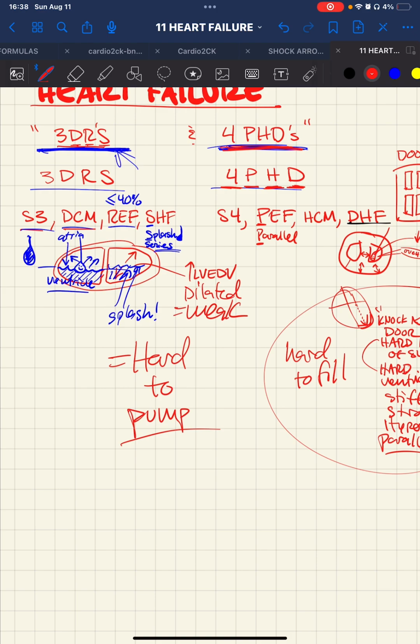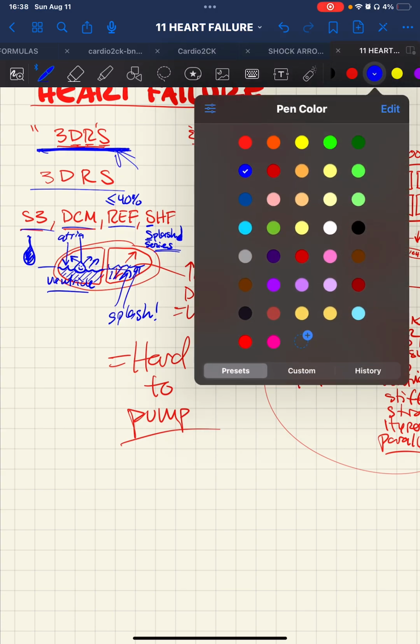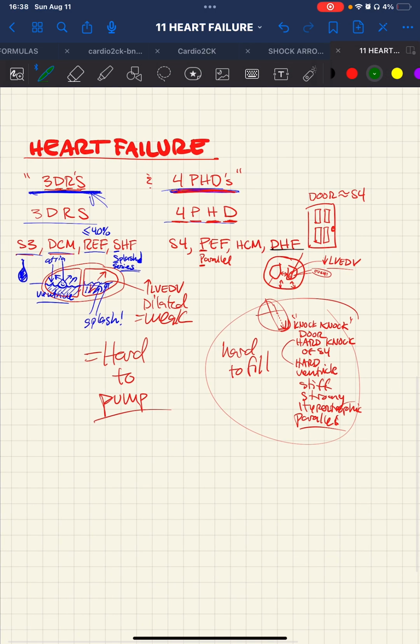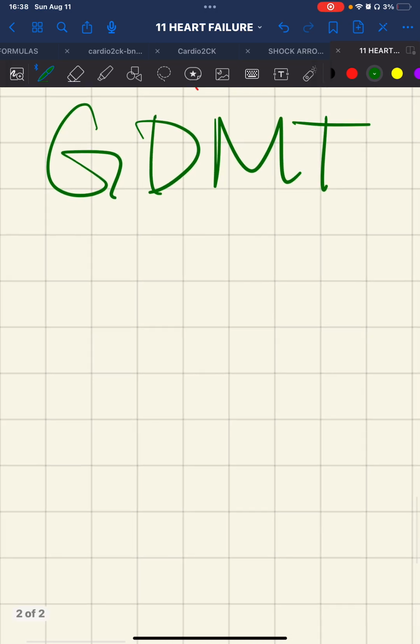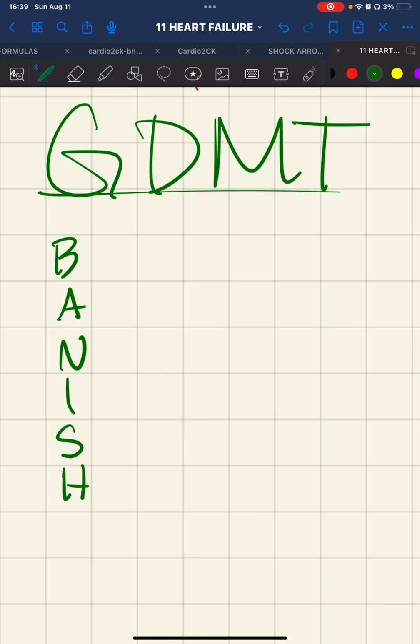And then one more last thing we can remember is that for this one, it's good. We have a goal-directed medical therapy, whereas this one's just kind of supportive: lifestyle, meds, diuretics, etc. Whereas this one we have GDMT, which is going to be remembered by banish, as in banish death, so they can live a couple more years until they decompensate.